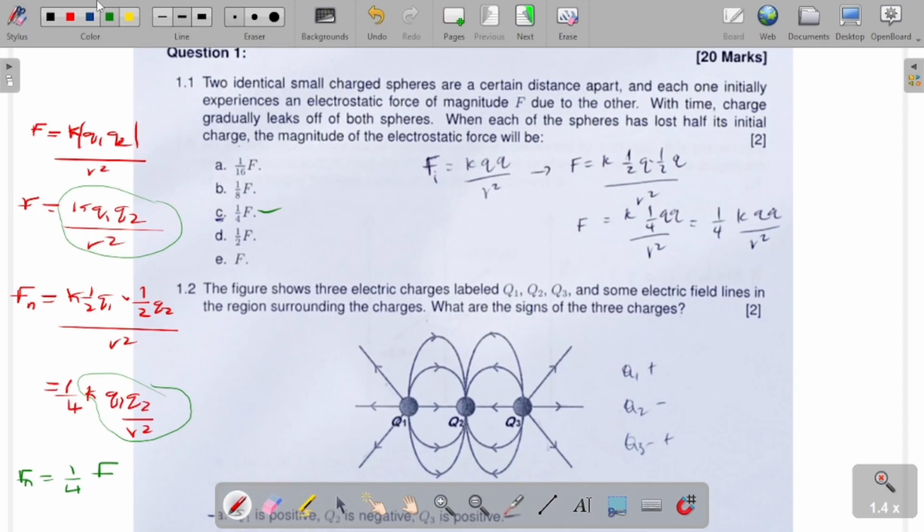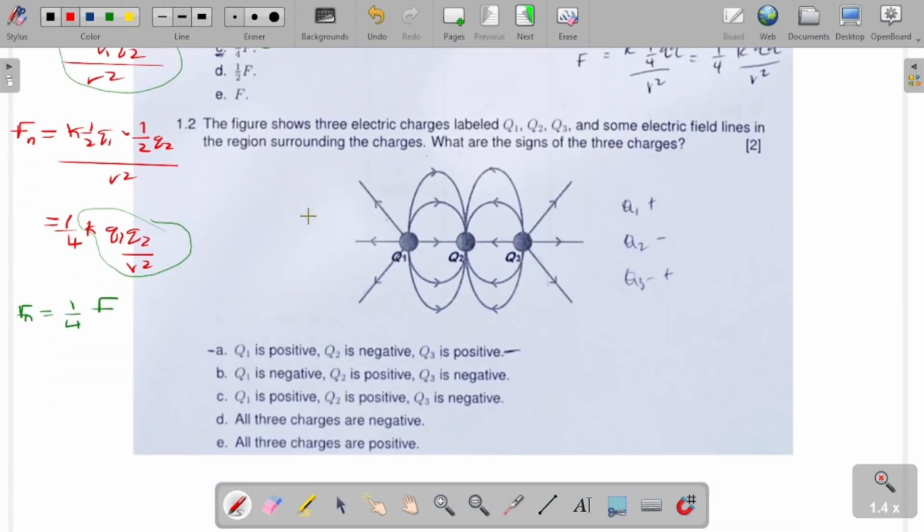Is this clear? Should we move on? Guys, a simple yes will suffice.